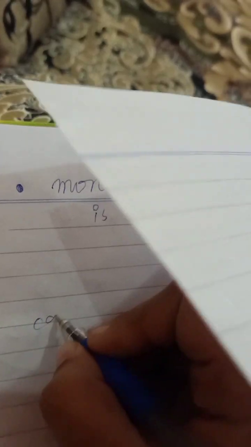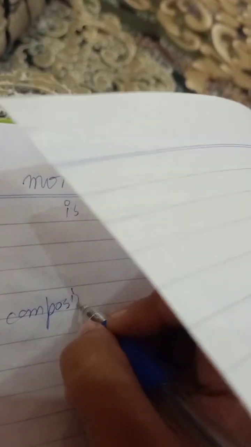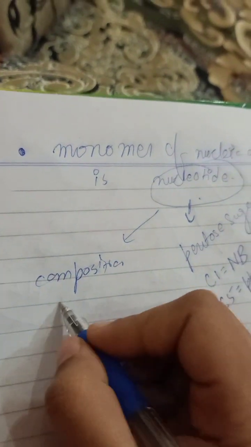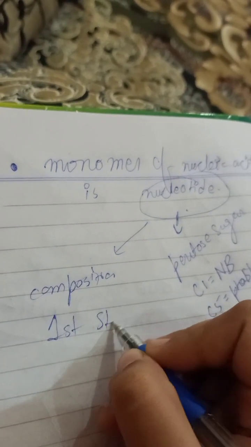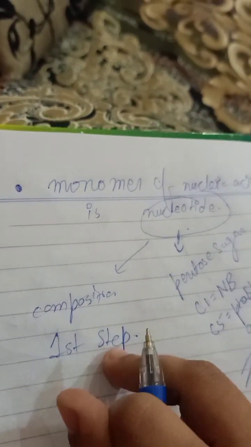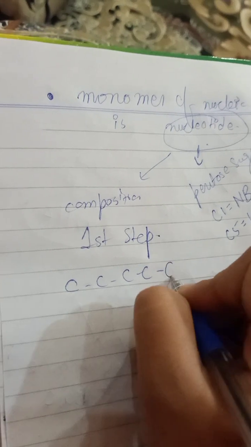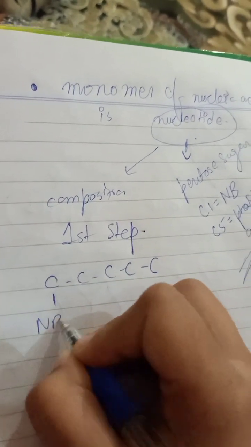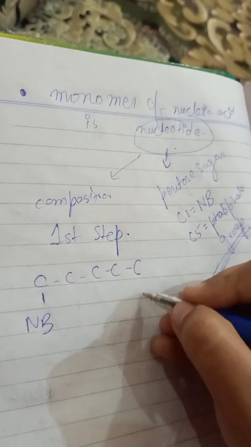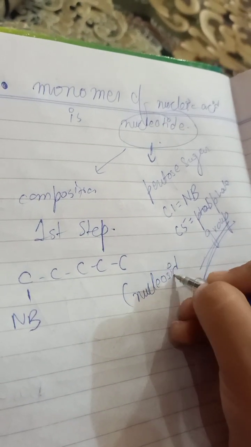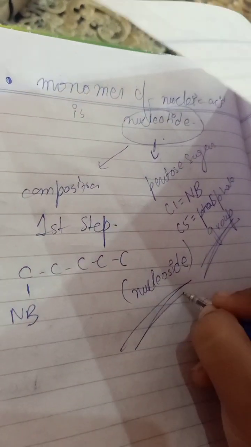Let's see the composition of the nucleotide. The first step is the pentose sugar, 5 carbon. At the first carbon there is the nitrogenous base, and that is called a nucleoside.